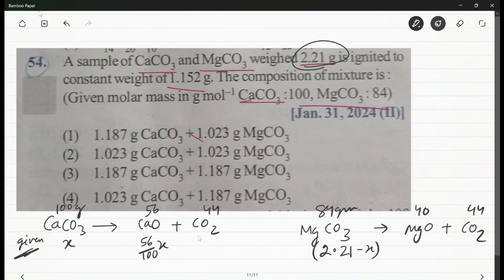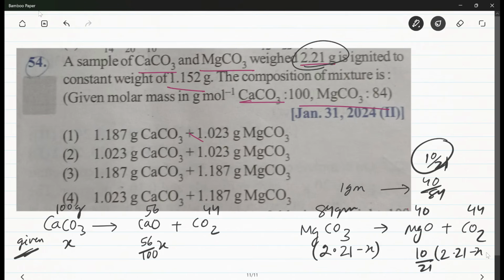Agree, Josna? Here you see 84 gram gives 40 gram. 1 gram will give 40 by 84, means 10 by 21. That you can solve later. So 2.21 minus x gram will give 10 by 21 into (2.21 minus x).